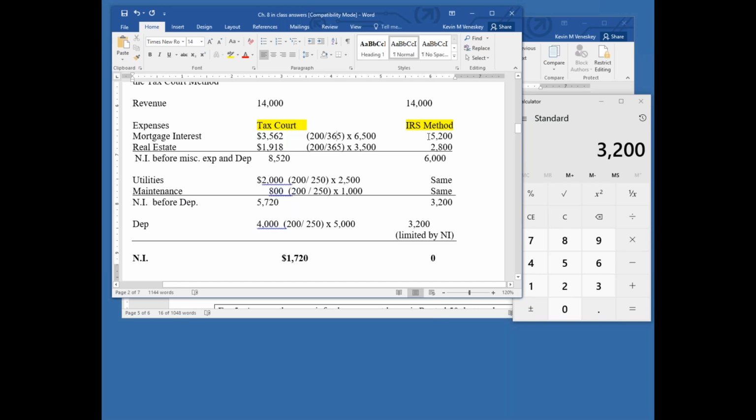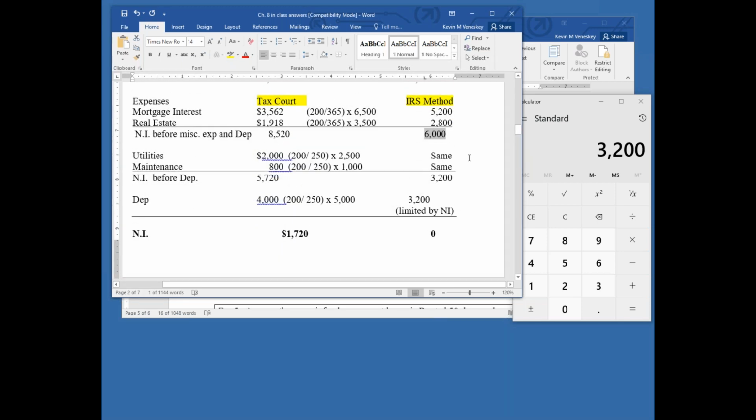Instead of 200 divided by 250 for this one over here, 200 divided by the entire year, 365. So 14,000 minus these two amounts gives me net income left of 8,520 compared to the 6,000. So I have an extra 2,520 I can potentially use as more allowable expenses.